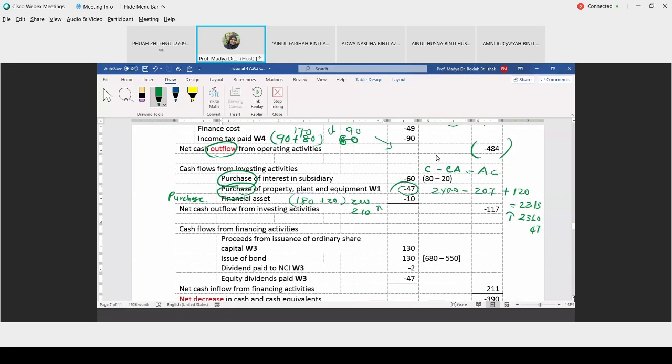For financing here, the items are the equity and also the long-term liability or non-current liability. For the equity, we're going to look at your share capital. The beginning balance of your share capital is 1650.